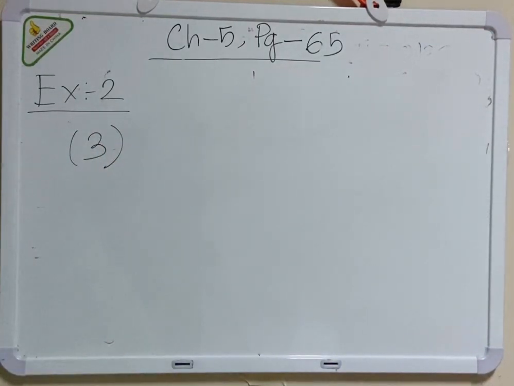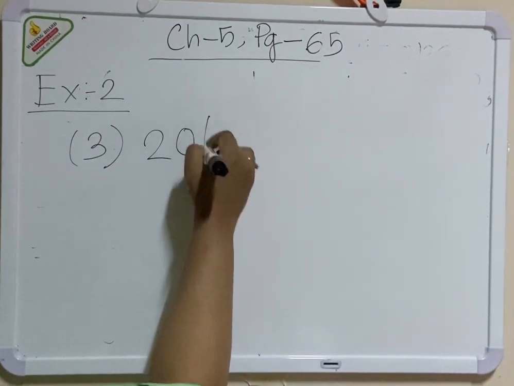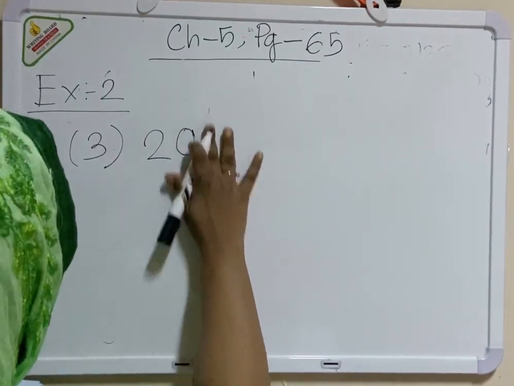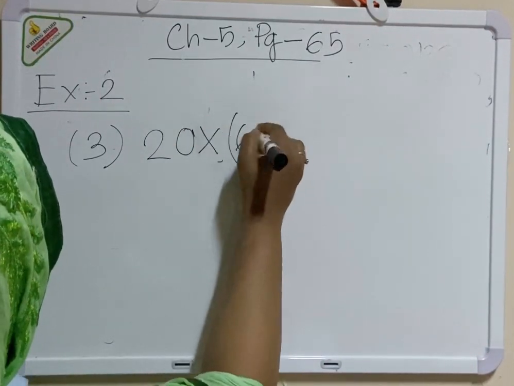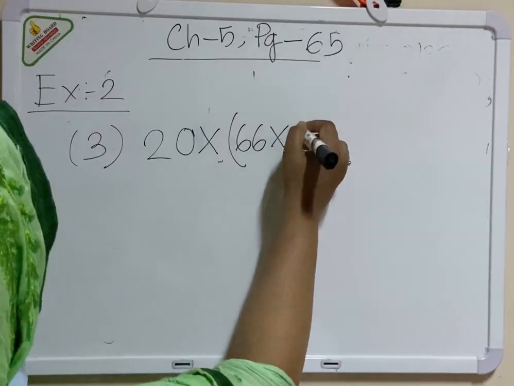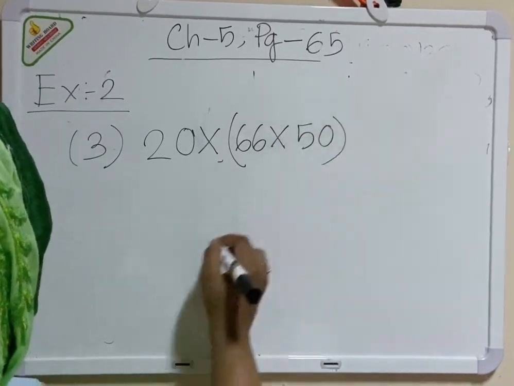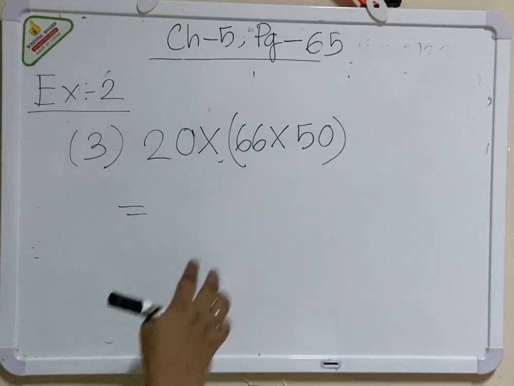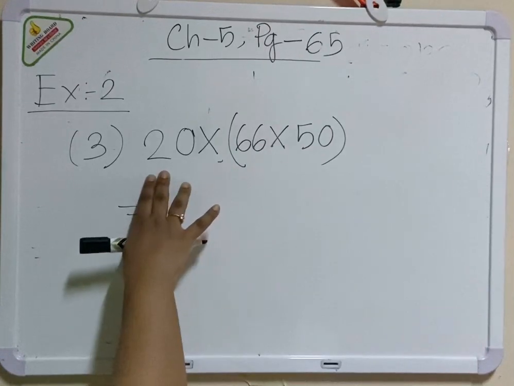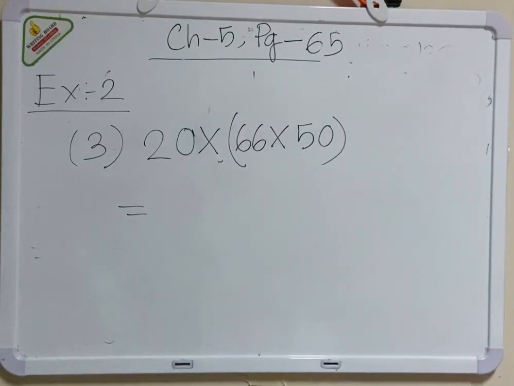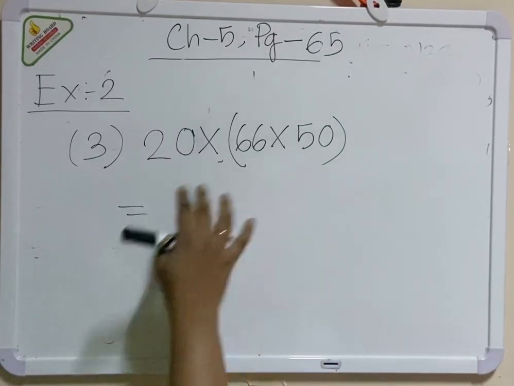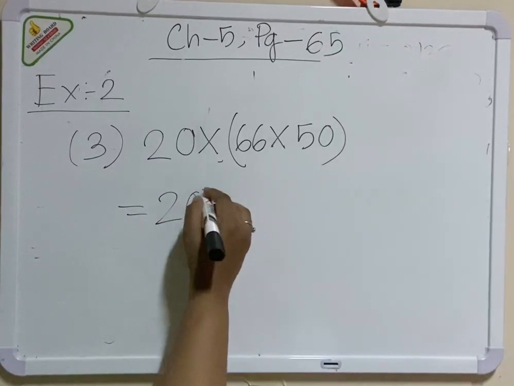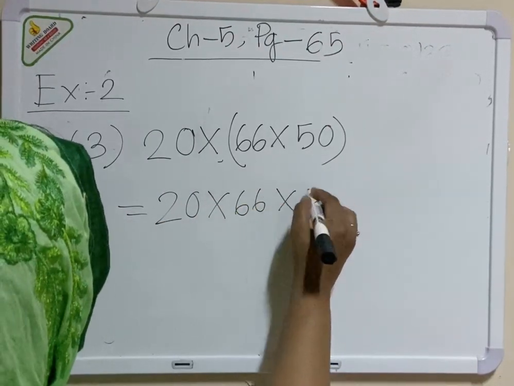Now do number 3, 20 into 66 into 50. As per the rules, you solve the inside of the bracket first. But before that, as all signs are equal, you can write 20 into 66 into 50.